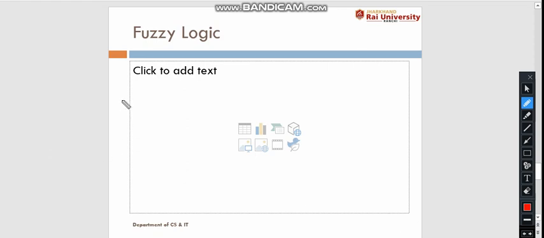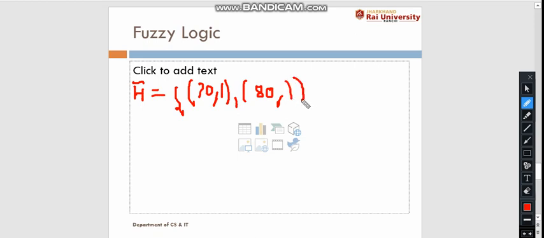Now let's see, we have H. In H we have different temperatures and the associated fuzzy values for the temperature high: 70, 80, 90 have a fuzzy value of 0.3.